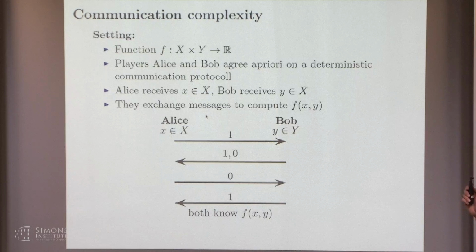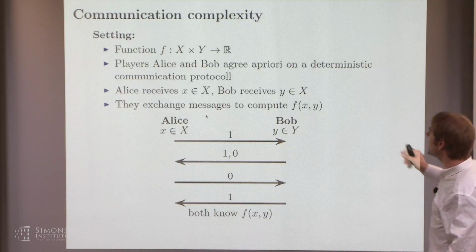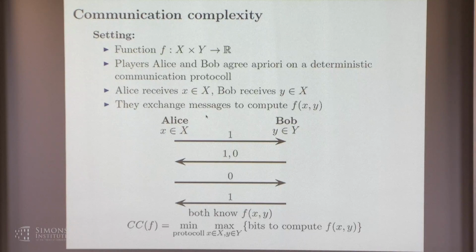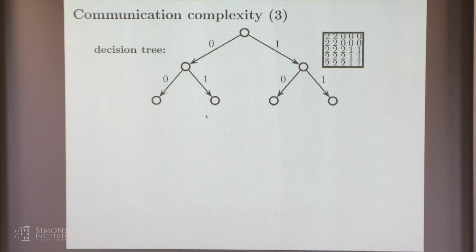Good. So where's the connection now? So imagine things are deterministic for a moment. And let's look at what's called the decision tree. So the decision tree is the following.